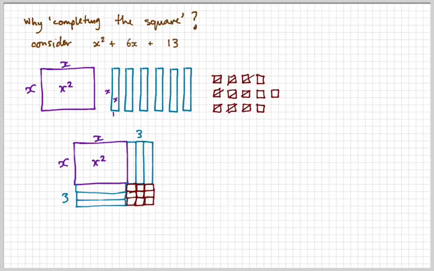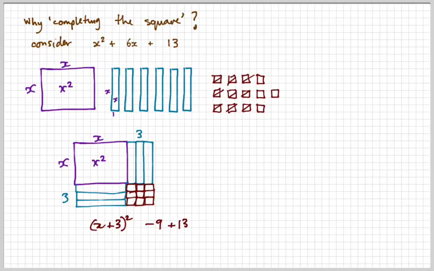So notice how I have completed this square. Okay? This square you could think about as x plus 3 by x plus 3, or x plus 3 squared. What I have done is I've got those 13 ones that I started with, and I've subtracted 9 from those 13.